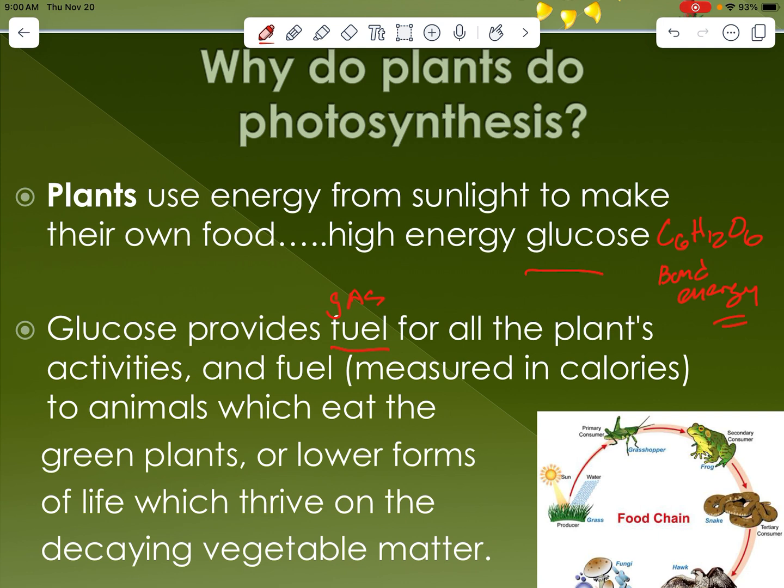A car will not run without gas, or electric power if it's electric. Body systems are no different. If you have no energy going in, and if you've ever had to fast or not eat for a while, or you've skipped a couple meals because you haven't felt well, you would see that your energy levels are a little bit lower.